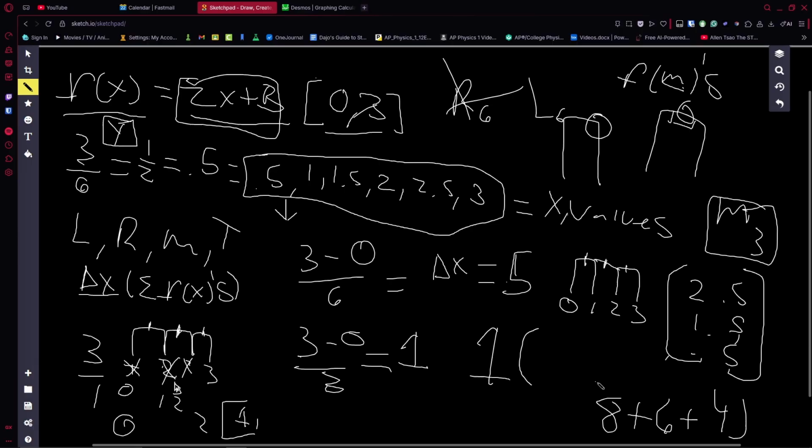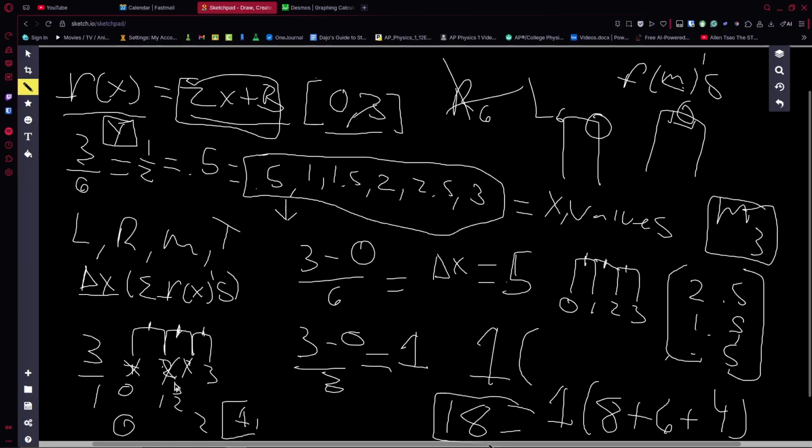And then we times this by the change in x, which will just be 1. And then we have here 18. And now, coincidentally, I'm pretty sure that this is the exact value as well.